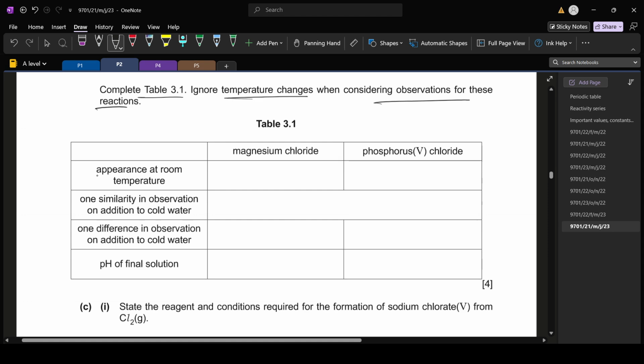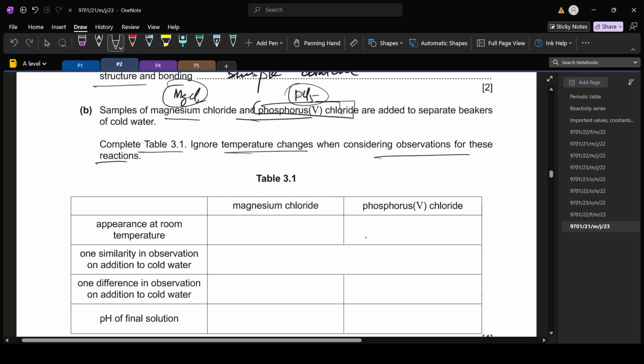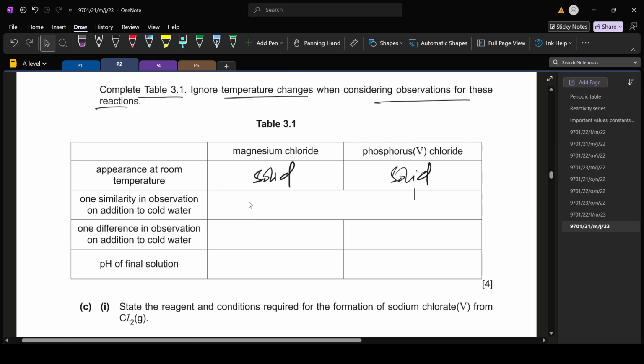Now appearance at room temperature. So both of them are solid at room temperature. Solid, and this is also solid, or you can write it as crystals.